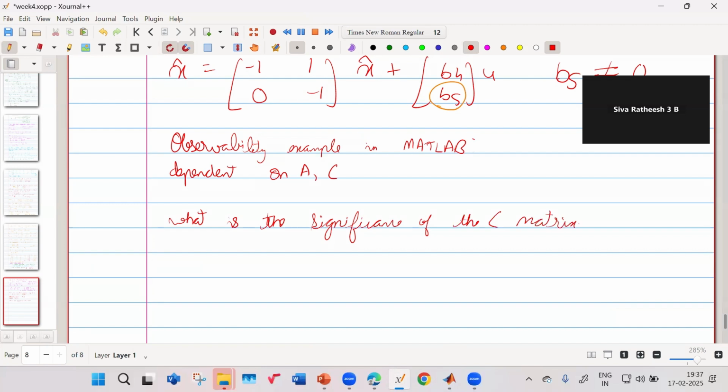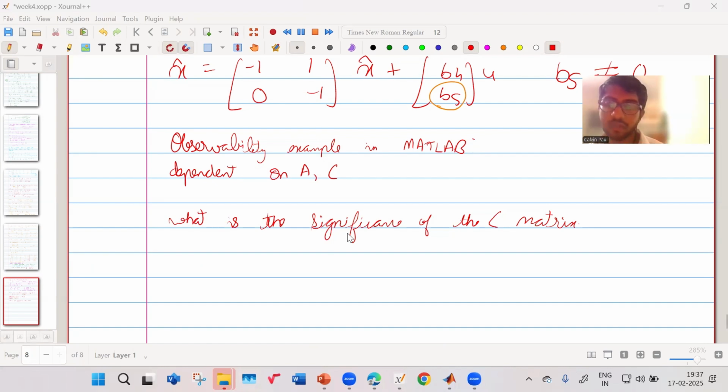So in an actual practical system, you need certain sensors. You have to sense certain signals. So observers became popular because you cannot sense all signals.